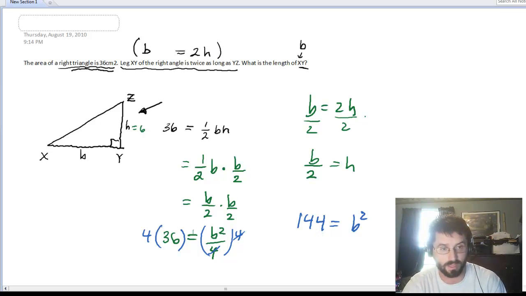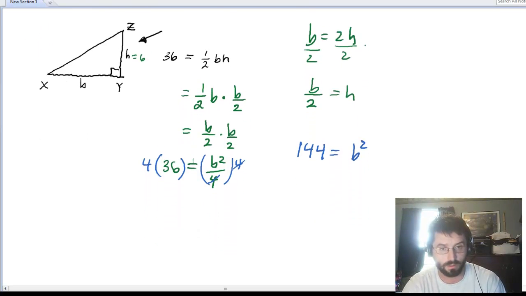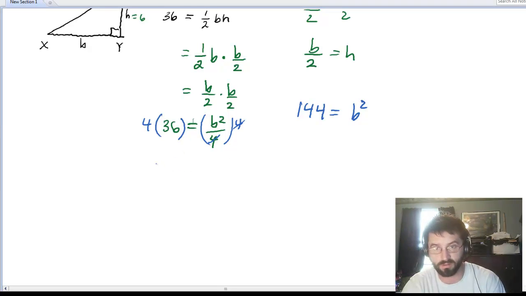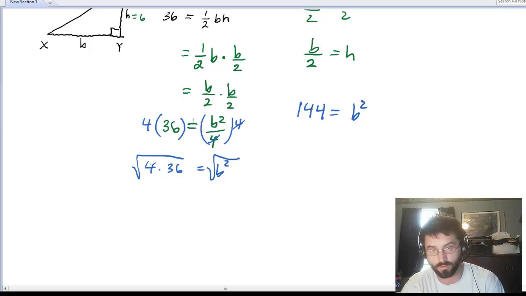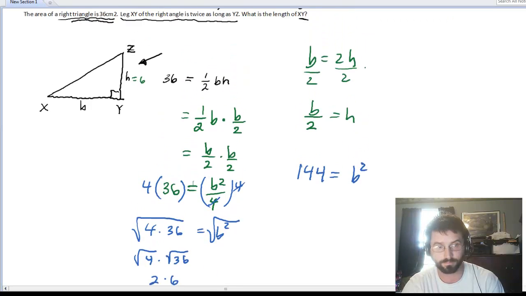If you didn't have a calculator and didn't feel like multiplying it out, you could leave it in this form, because the square root of 4 times 36 is the square root of 4 times the square root of 36. So you get 2 times 6, which is 12. Either way, the base is 12.